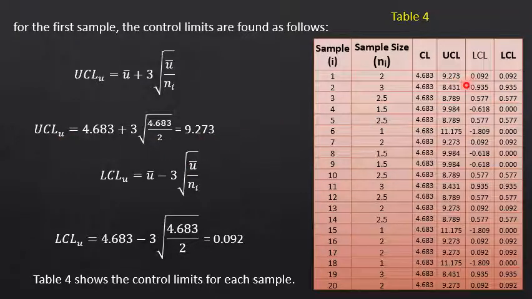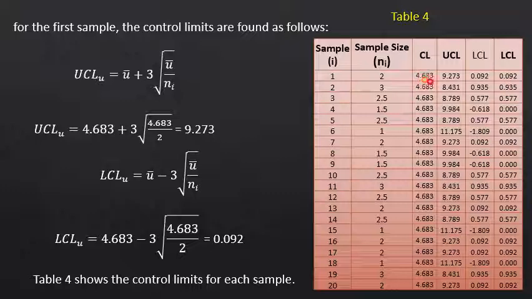For the first sample, the sample size is 2 and the center line is 4.683, which is constant for all samples, while the upper and lower control limits vary. Similarly, the lower control limit is u bar minus 3 under root u bar divided by ni, and we get the lower control limit equal to 0.092. This table shows 0.092 here.